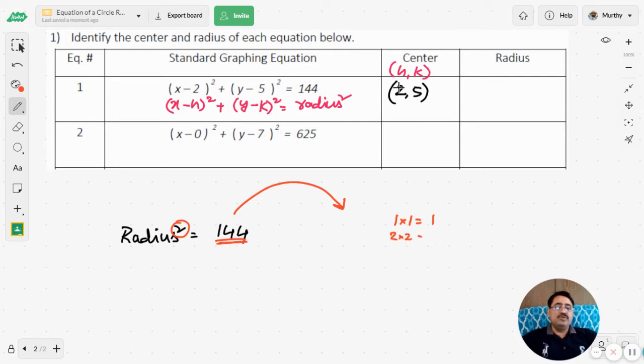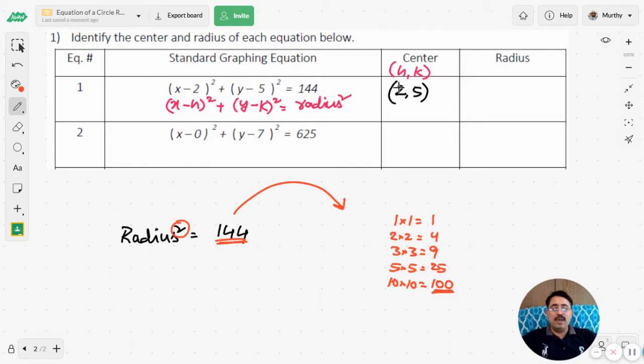Then 2 times 2, 4. 3 times 3, 9. Anyhow, you are in high school, therefore you can quickly skip some numbers. 10 times 10, 100.